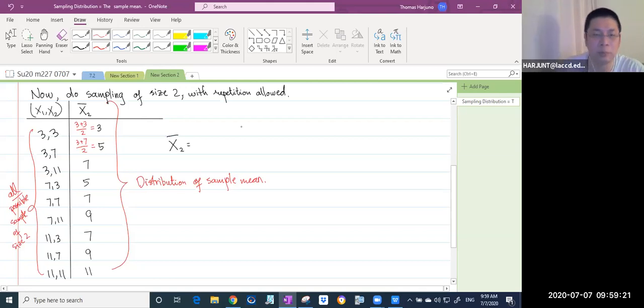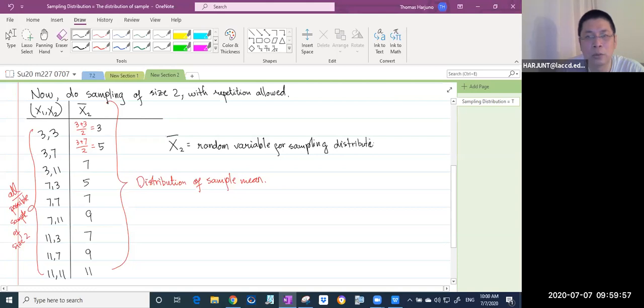AKA sampling distribution. Okay, this is the sampling, this is random variable for sampling distribution of size 2.